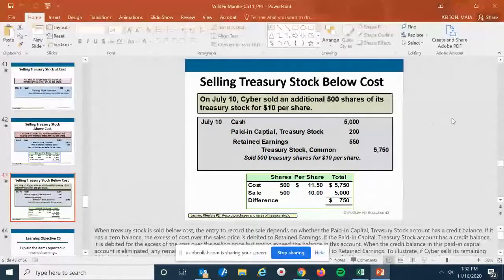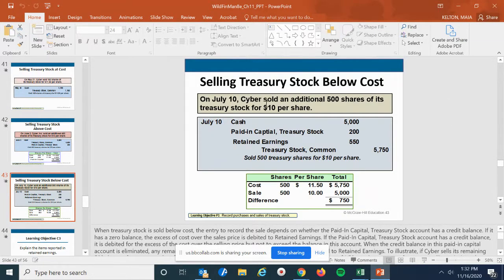And now we are going to answer Dave's question, I hope. Remember, this is still the same example. When the company purchased their treasury stock, they purchased it at $11.50 per share. This is a situation where maybe the company needs cash, and this is a quick way to sell some stock and turn it into cash, and they're willing to take less than what they bought the treasury stock for.